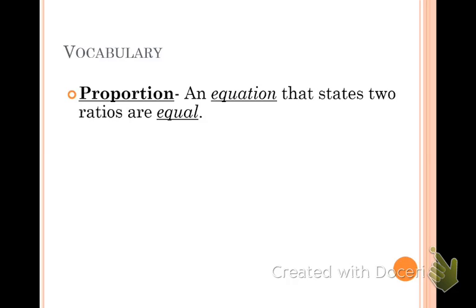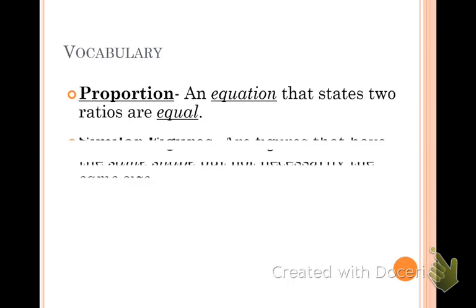Okay? So, a proportion is an equation that states two ratios are equal. We just talked about ratios, multiplying ratios, and converting units. Now we're going to take those two ratios and say that they're equal to each other. Right? That's what a proportion does.